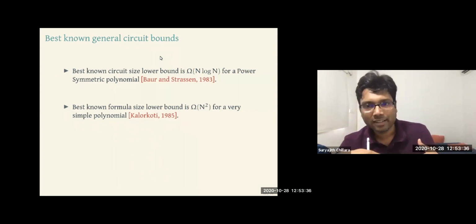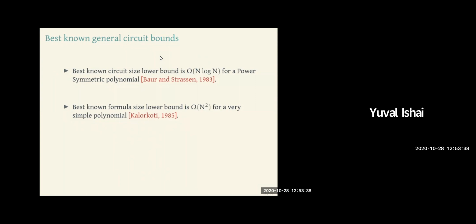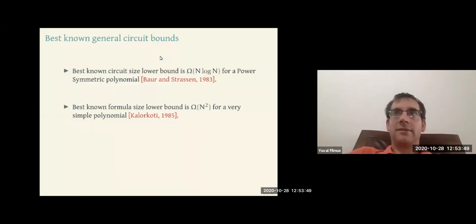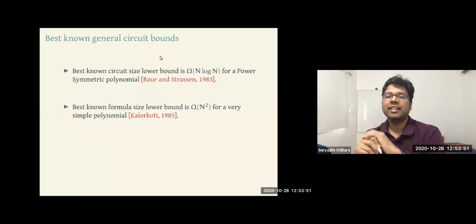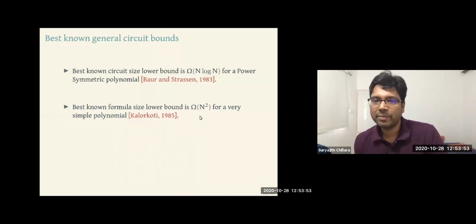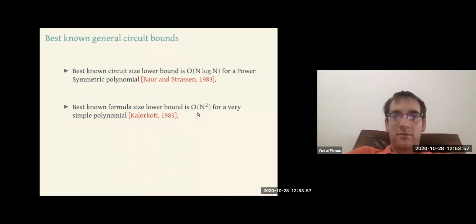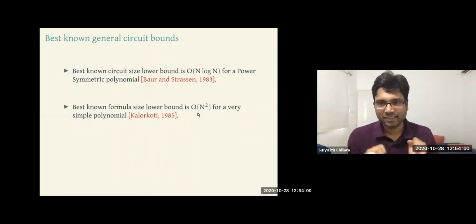I'm not sure, but I think you only get the quadratic lower bound even in the Boolean case, right? Probably, yeah. Whatever is happening in the Boolean world has been replicated using a different measure for the algebraic setting.